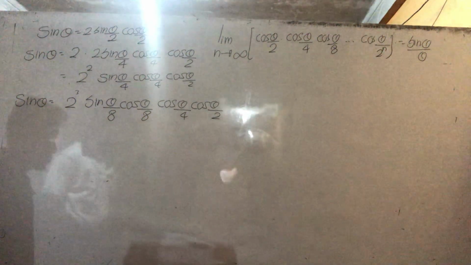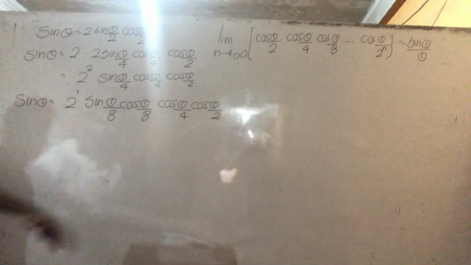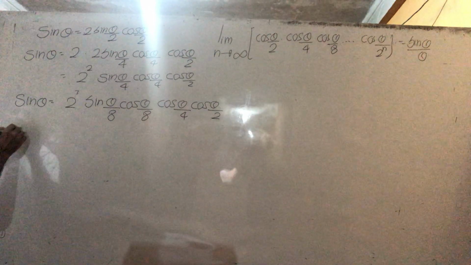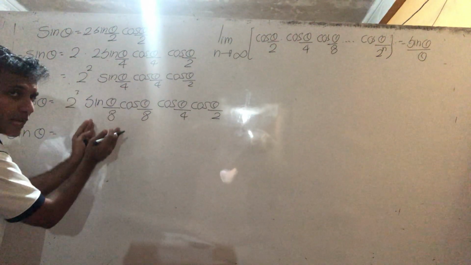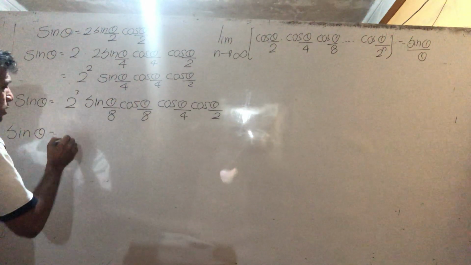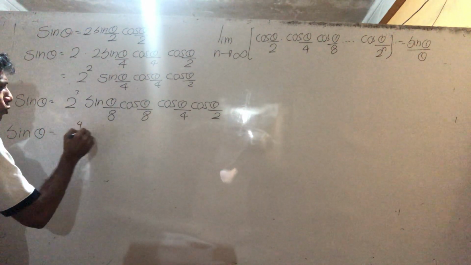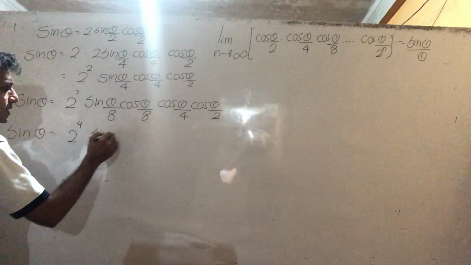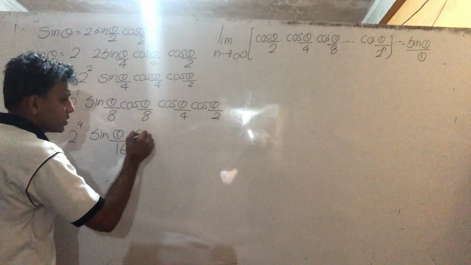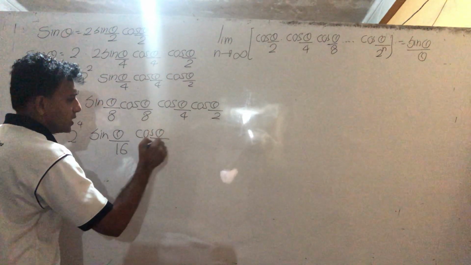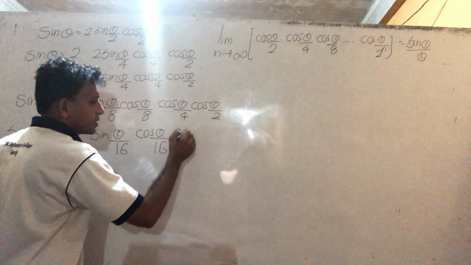Again, still not your problem. I can show another one also. Again, sin theta equals what? Next, extend this double angle: 2 to the power 4 sin theta by 16, cos theta by 16, the others the same.